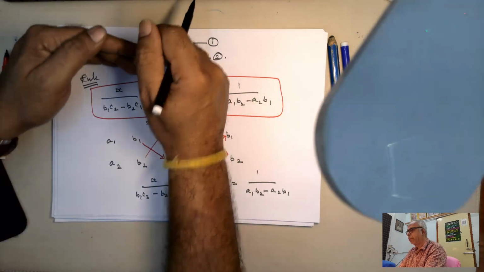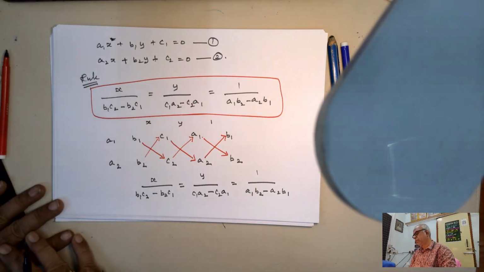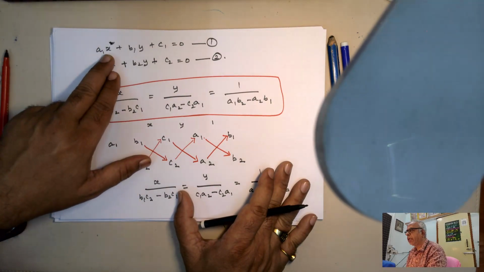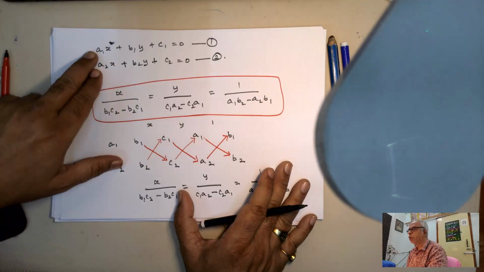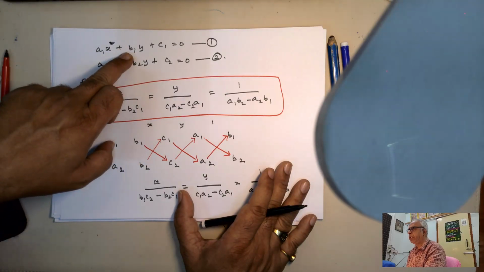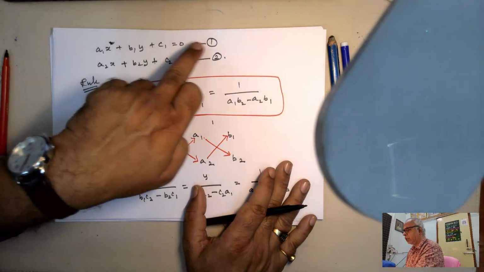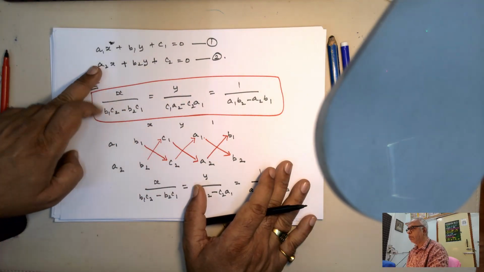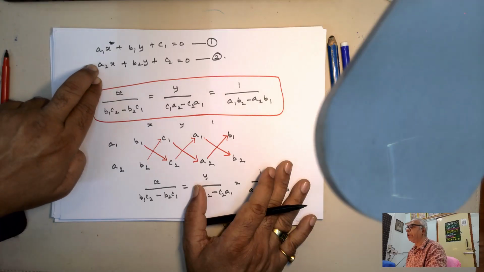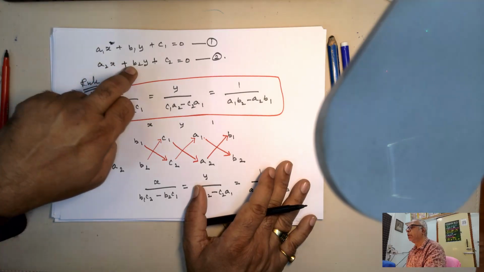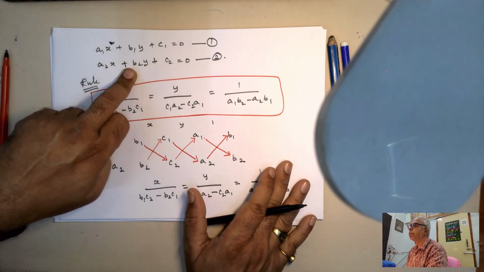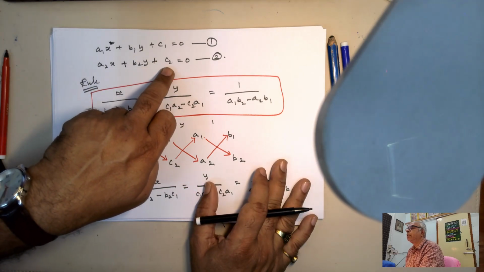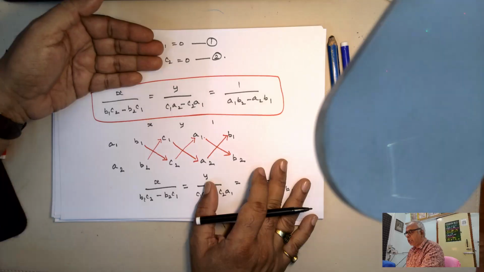The same thing can be applied for quadratic equations. Got it? Now, instead of writing a1x, you can put ax squared plus bx plus c is equal to 0. That is quadratic equation 1, right? Second one, a prime x squared plus b prime x plus c prime.